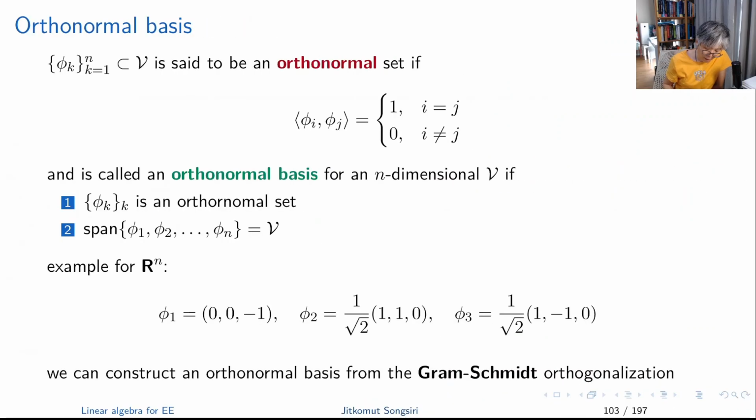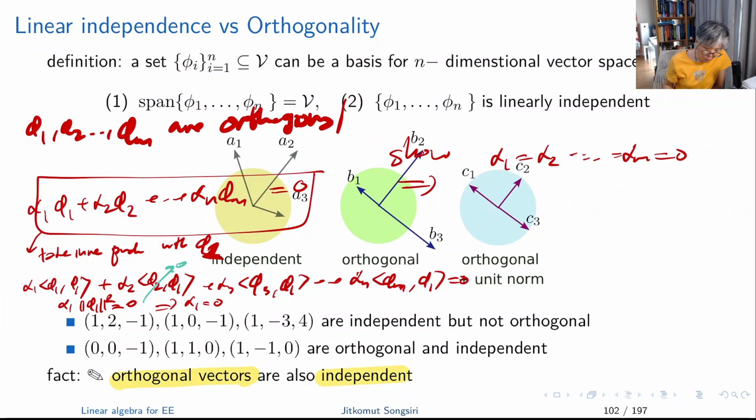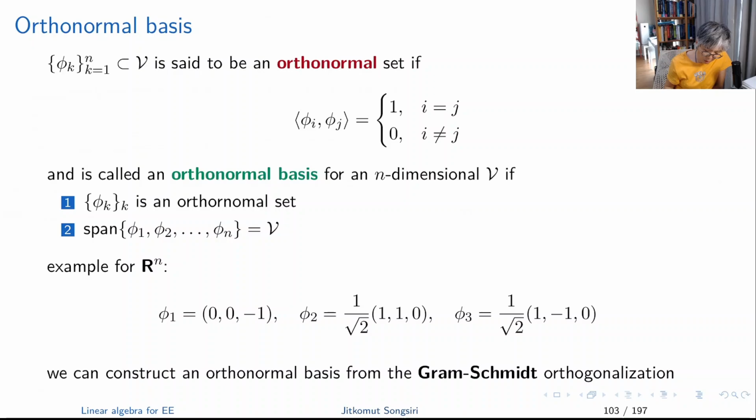Okay. So, what we have seen when we study the linear space is a process of finding a basis set or basis vectors for a vector space. Now, if we want to put more properties on those basis vectors, not only do we require them to be linearly independent, but we would like to enforce the orthogonality property on them, and also the unit norm property.